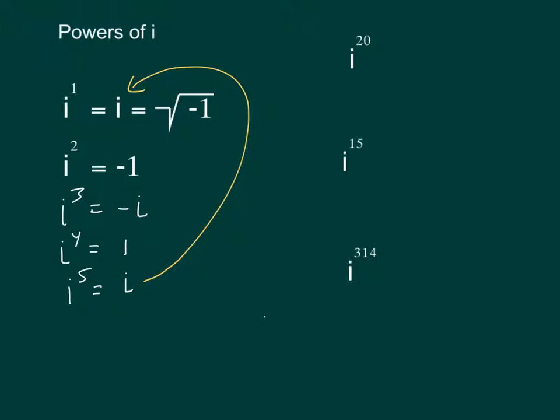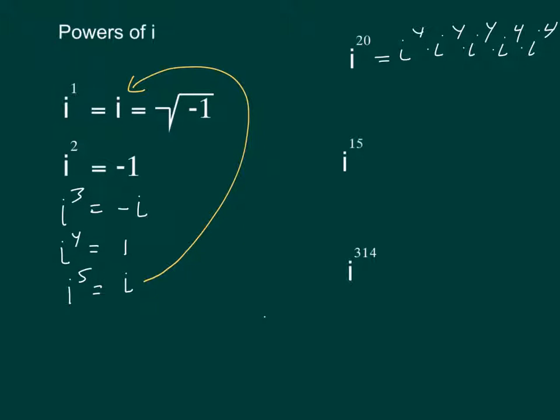So again, this is useful for any power of i, such as i to the 20th. I want to look for groups of 4 here. Every group of 4 is really just going to be the same thing as 1. So I could think of i to the 20th as i to the 4th, i to the 4th, i to the 4th, i to the 4th, i to the 4th.